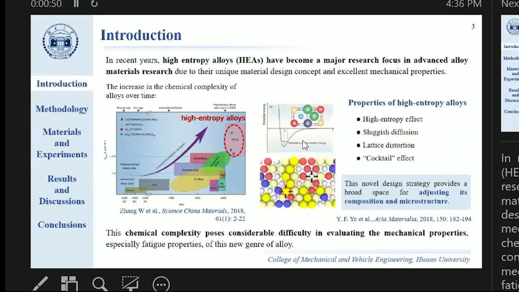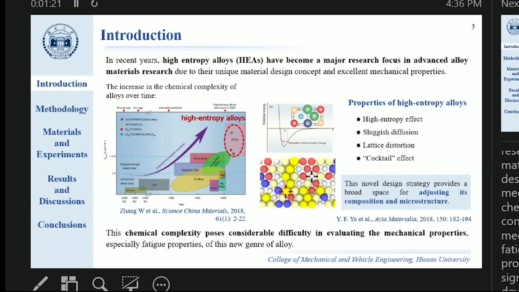In recent years, high entropy alloys have become a major research focus in advanced alloy materials, thanks to their unique design concept and excellent mechanical properties. The chemical complexity, however, poses a considerable difficulty in evaluating mechanical properties, especially fatigue properties.